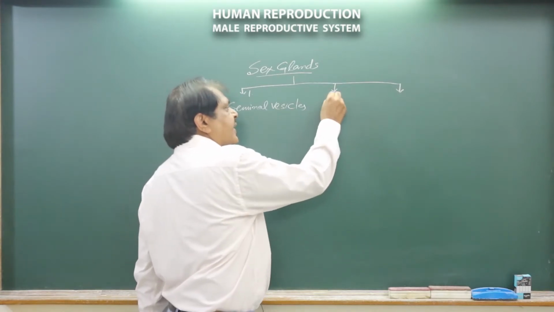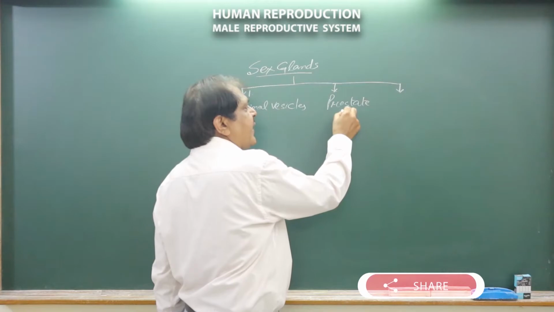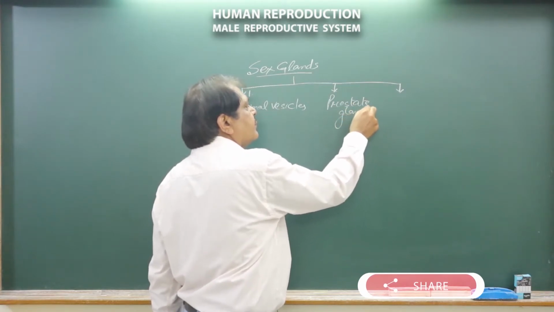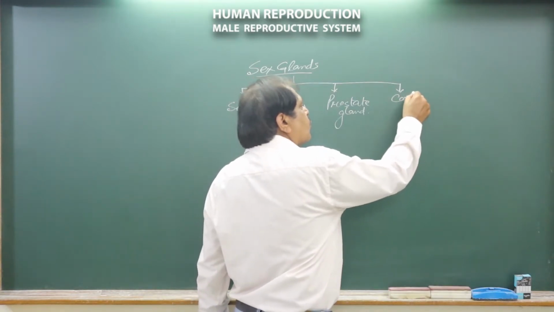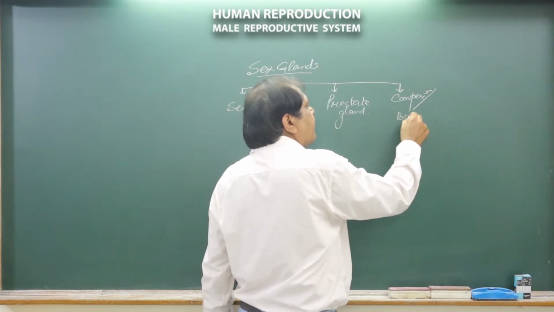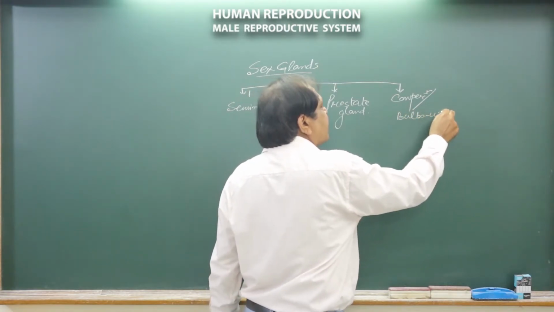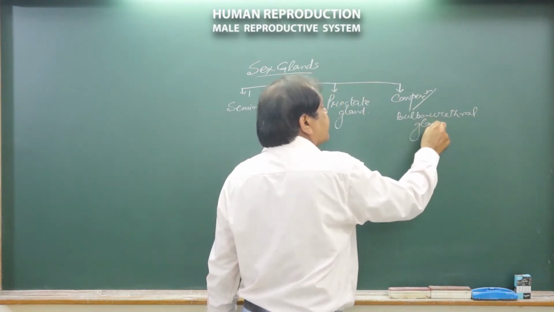Second is the prostate gland, the largest gland. And third is the Cowper's or bulbourethral glands.